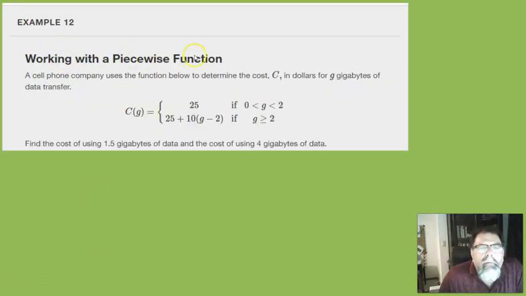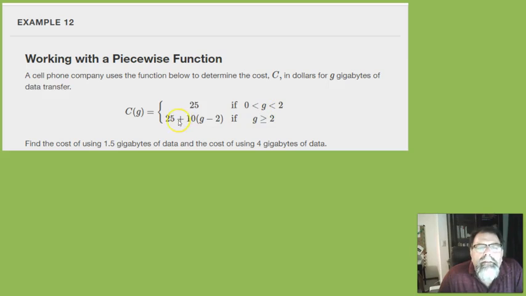Example 12, working with a piecewise function. A cell phone company uses the function below to determine the cost in dollars for G gigabytes of data transfer. So cost is a function of G: C(G) is equal to 25 if you use between 0 and 2 gigabytes of data.